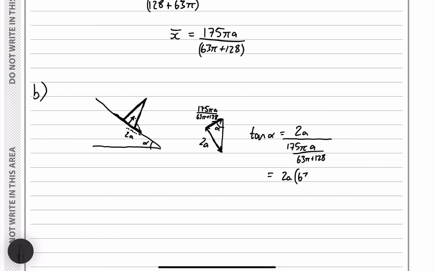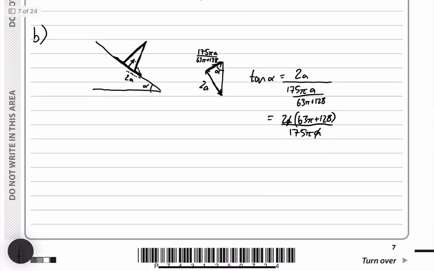We've got 63 pi plus 128 over 175 pi a. The a's cancel. That gives us 126 pi plus 256 over 175 pi as the exact answer for tan alpha.